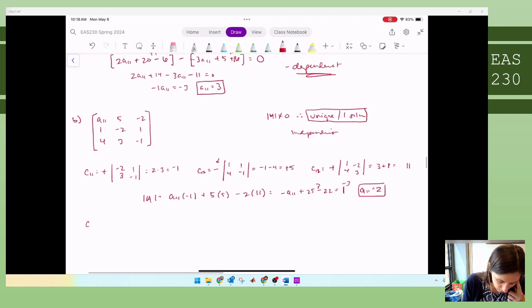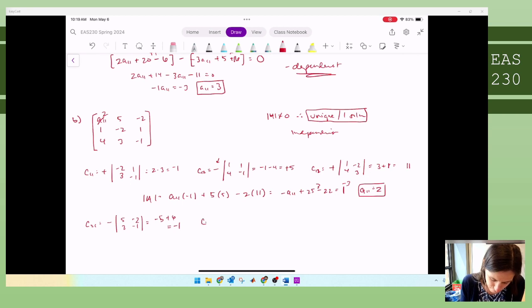Continuing with my cofactors, this is now 2. C21 is 5, 3, negative 2, negative 1. So negative 5 minus negative 6 equals 1, made negative by the cofactor adjustment out front. C22 is 2, 2, 4, negative 2, negative 1. Negative 2 minus negative 8 equals 6.